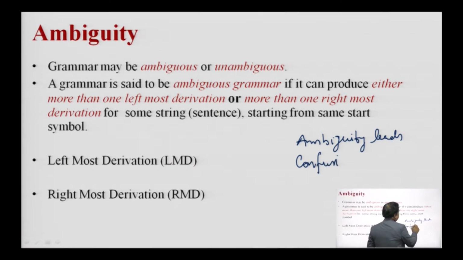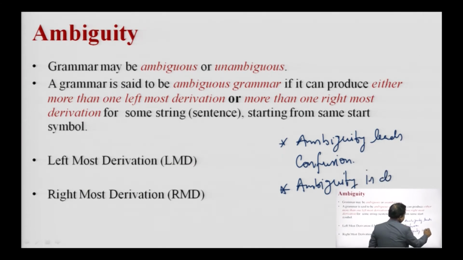Confusion means there may be more than one way to derive the same sentence with the same grammar. So, how will the computer find the correct path? So, ambiguity is an undesirable situation. Nobody likes ambiguity in life also.